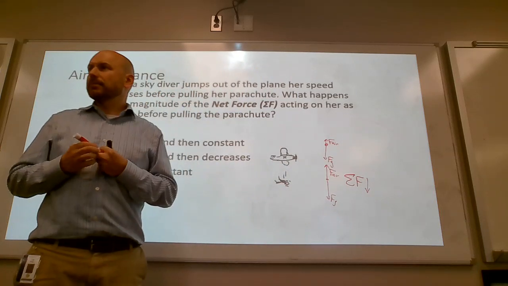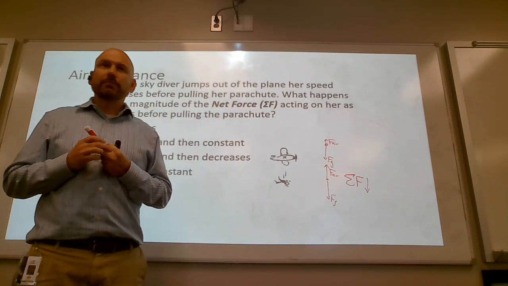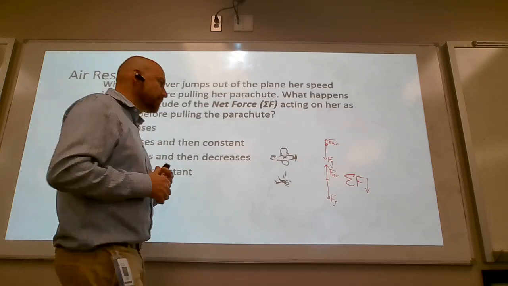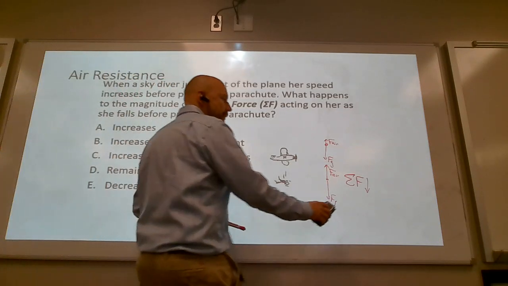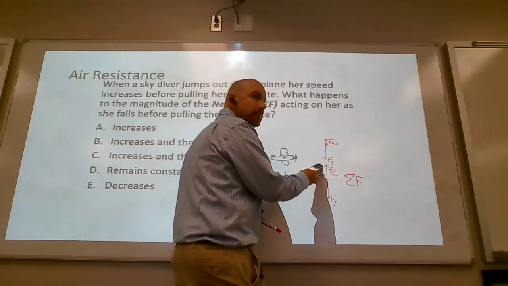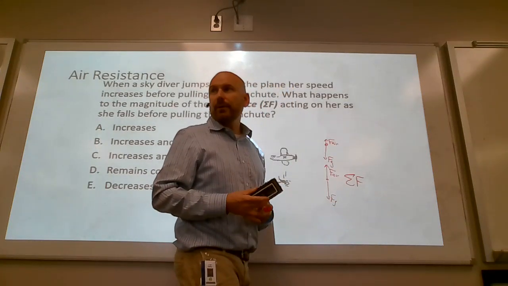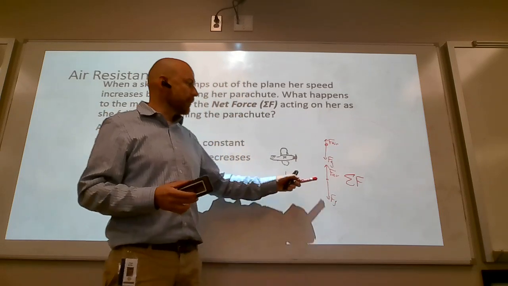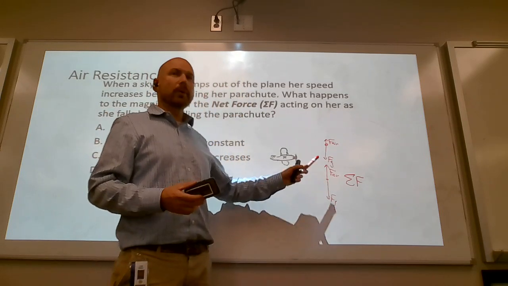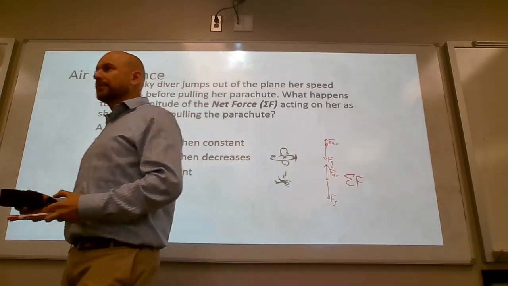Is decreasing. Probably shouldn't draw an arrow. That would get a little confusing. Decreasing the net force. You okay with that? Okay, because force of air resistance is becoming more and more in the opposite direction of force of gravity.